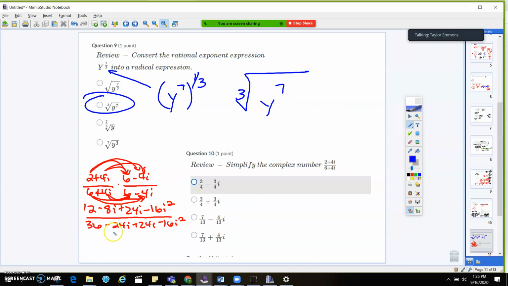So then we're going to combine our like terms. So we've got 12 plus 16i minus 16. And remember, we're going to replace that i squared with a negative 1. Over 36, these cancel out. Minus 16 times negative 1. Gonna combine my like terms.